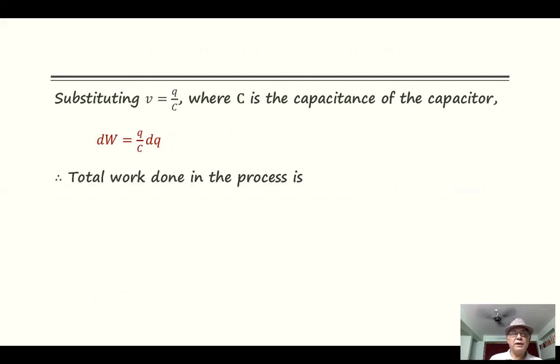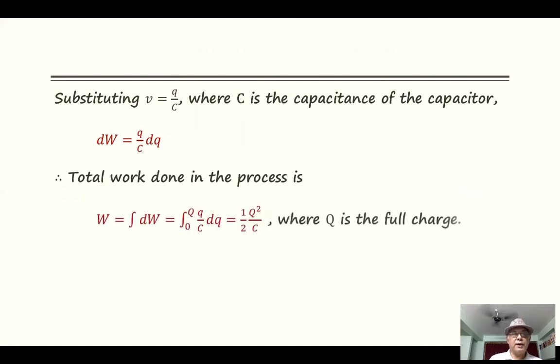Therefore, total work done in the process is W equal to integration dW, equal to integration 0 to capital Q, small q dq divided by C, equal to half capital Q square by capital C, where capital Q is the full charge.